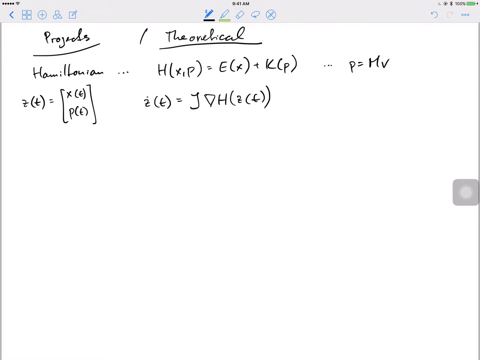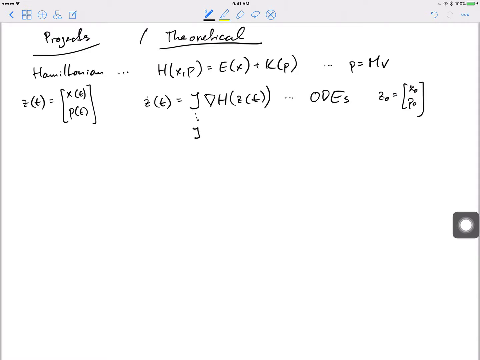It's a system of ordinary differential equations, ODEs. Typically you look at this as an initial value problem: you are given some initial z0, which corresponds to x0 and p0, and you have to simulate from there. You give some initial conditions to your system, and you are essentially solving the system of ordinary differential equations.